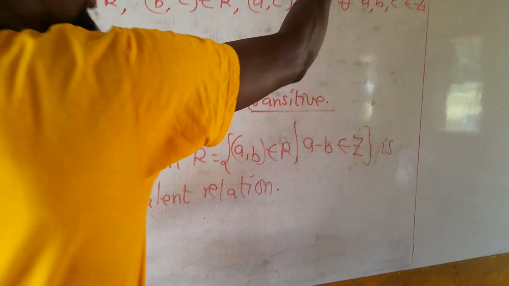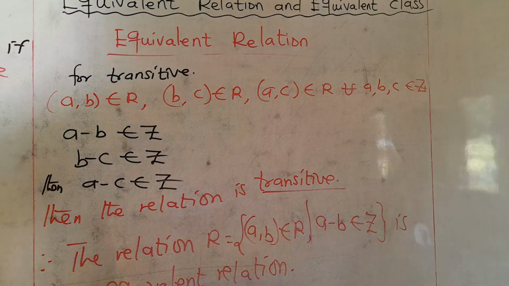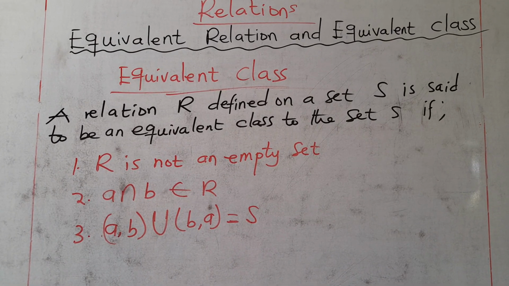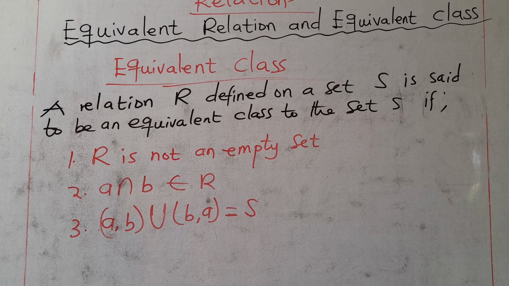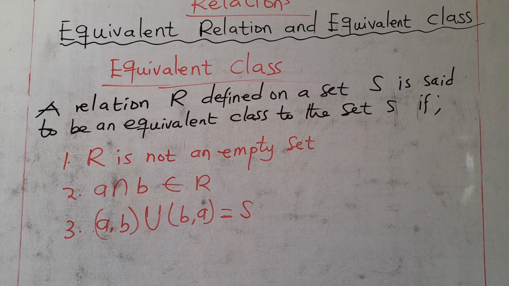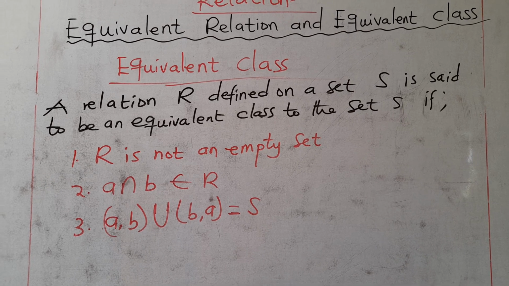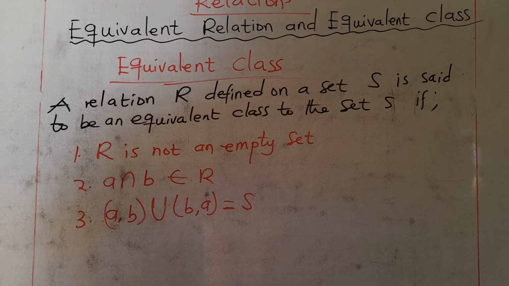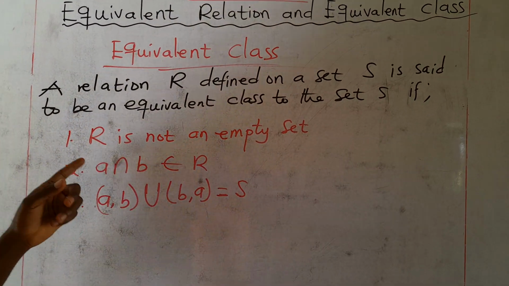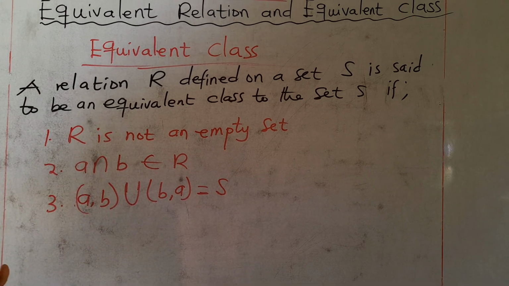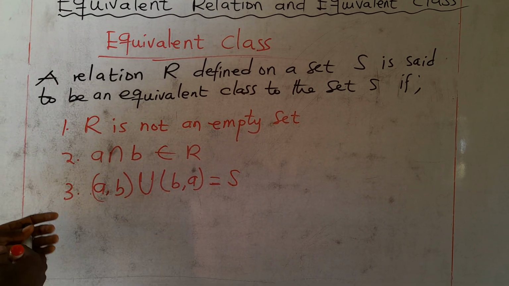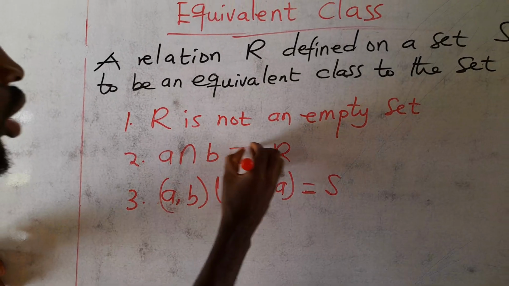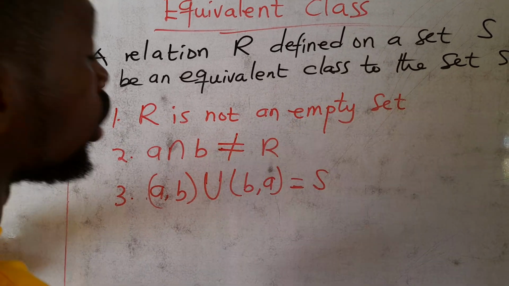The next stop is equivalence class. So we say a relation R defined on a set S is said to be an equivalence class to the set S if it satisfies three conditions. That's if the relation R is not an empty set, that is, it has members. Then, for any two of the sets in the relation, the intersection of them is not equal to R. Please, let's correct that.